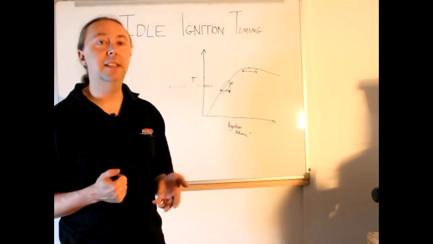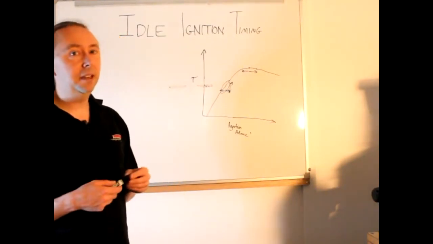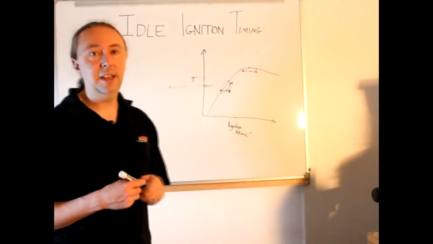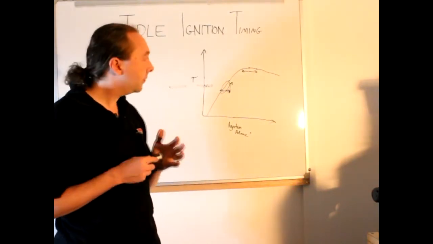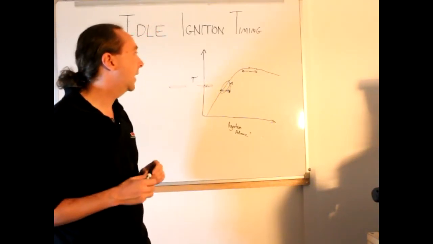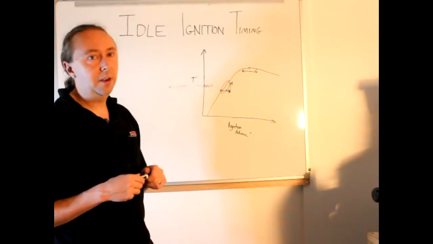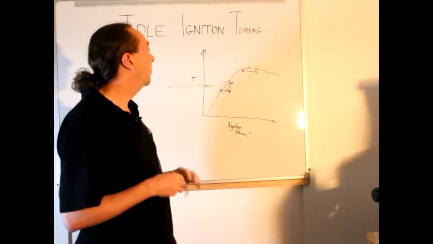You'll find it'll be a lot easier to get the engine to stall when it's coming back down to idle. It's also going to be less stable when you turn things on, like electrical loads, air conditioning, power steering pumps, things like that that put a load on the engine. So that's another reason why we deliberately detune the idle condition.